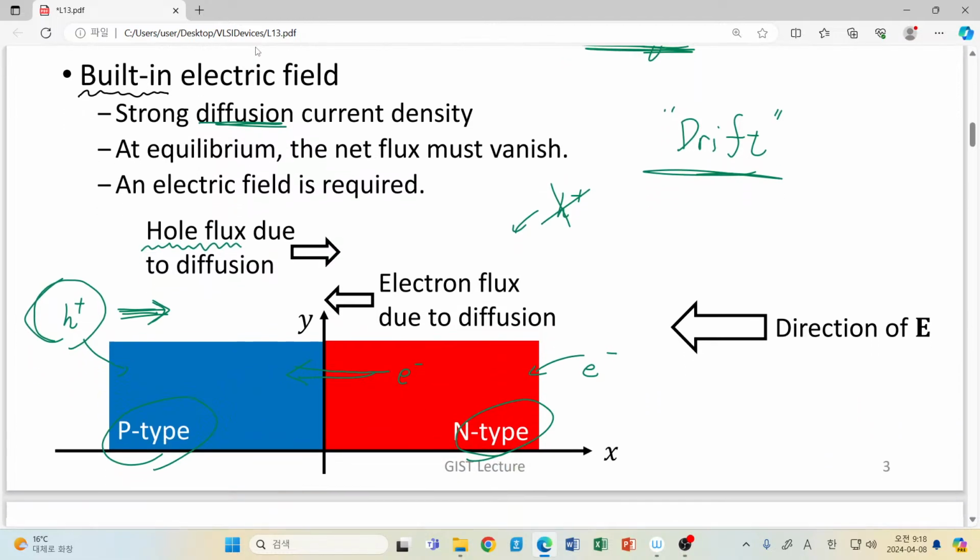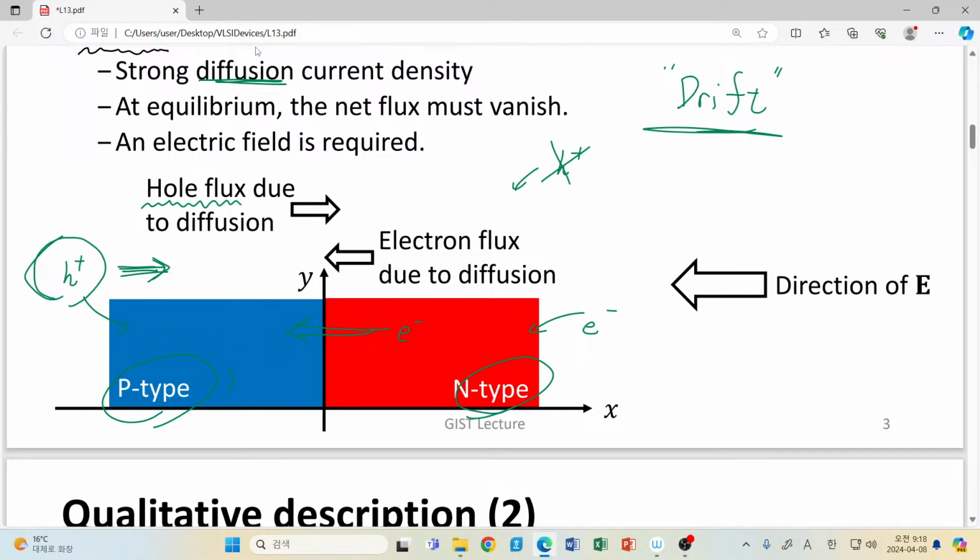So let's think about the p-n junction, and we just place this device at its equilibrium case. Then, even though physical quantities change at every position, the current density calculated inside the device should vanish everywhere.